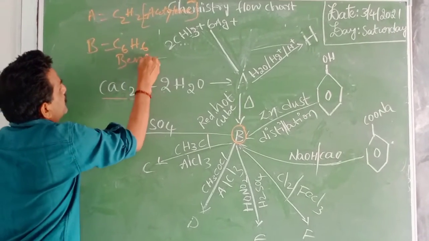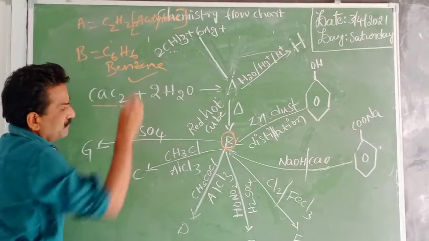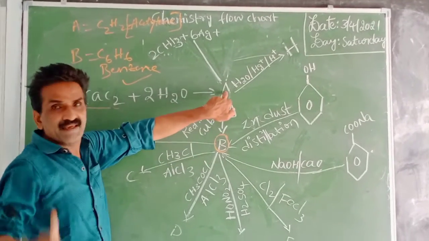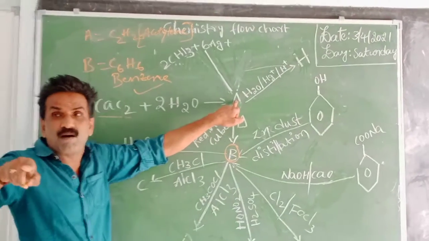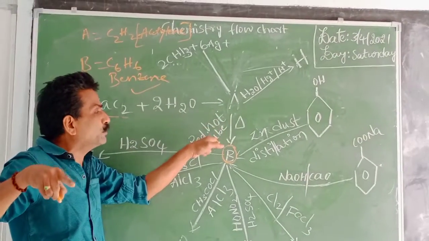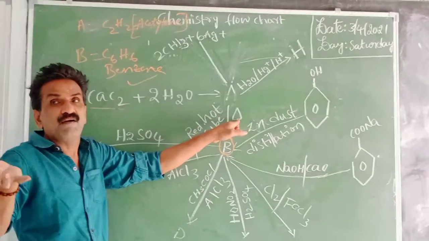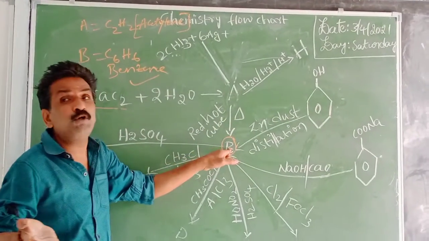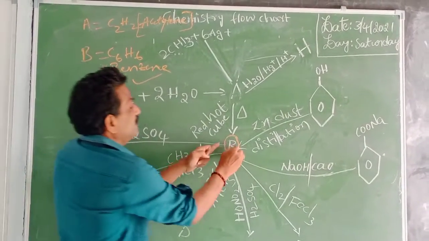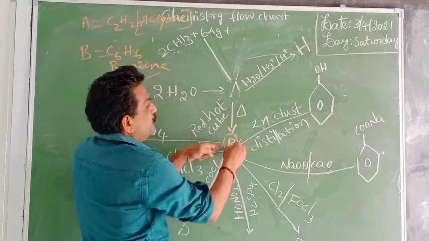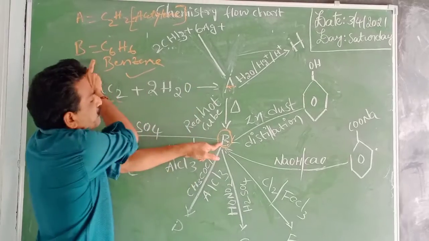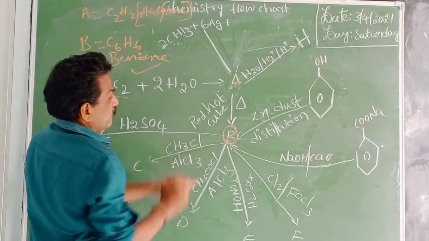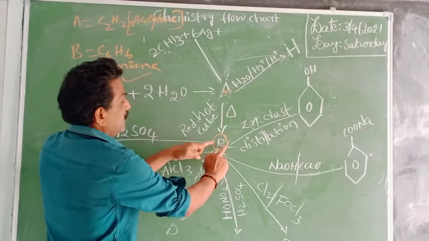A is acetylene, B is benzene. Acetylene is passing through a red hot tube, that means delta, heating. A to B: A is acetylene, B is benzene. Okay. Next.